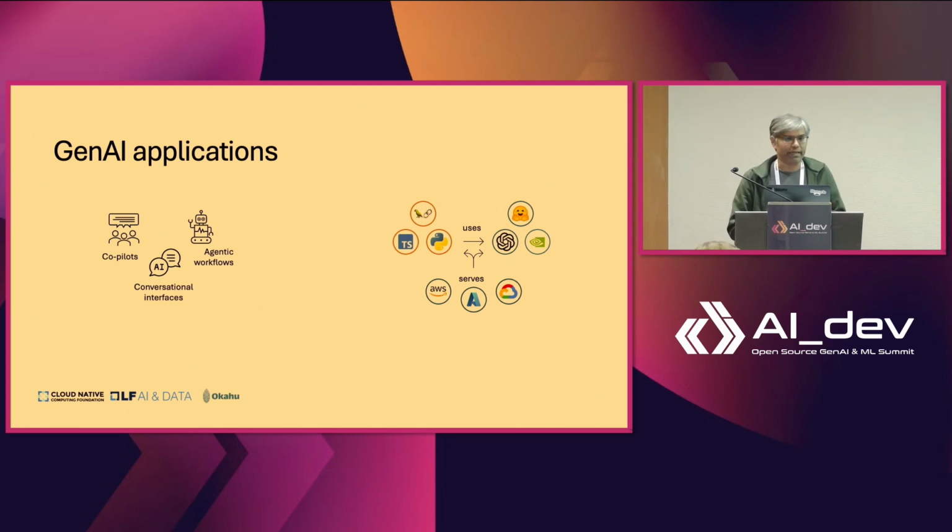You have your Azure OpenAI, Bedrock, and OpenAI, etc. Often these LLMs are hosted on different public clouds like AWS, Azure and Google. So most applications are using some of these libraries, some of these LLMs, and then being hosted on either public clouds or sometimes on a private cloud.